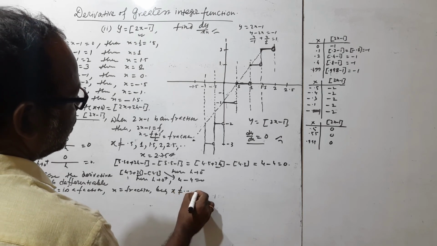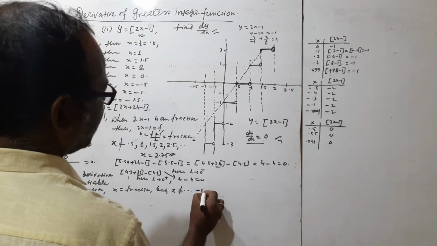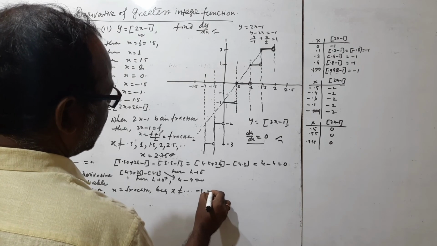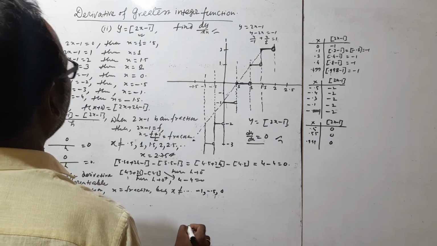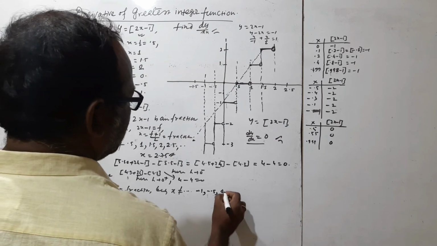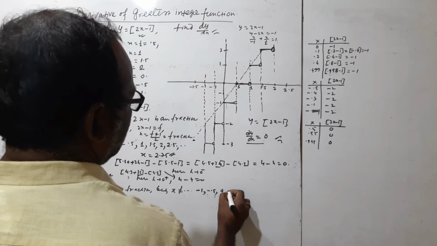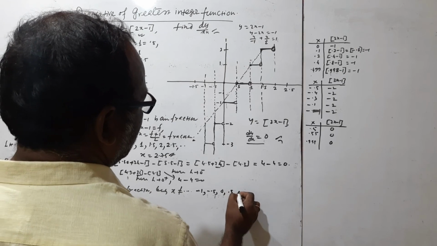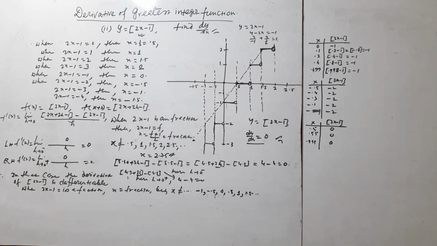This is dot dot dot minus 1, minus 0.5, never be 0, never be 0.5, never be 1, never be 1.5, dot dot dot, and this series is an AP series. This type of number can't be accepted for the differentiation. Okay, it is differentiable without these, and these are all the values.